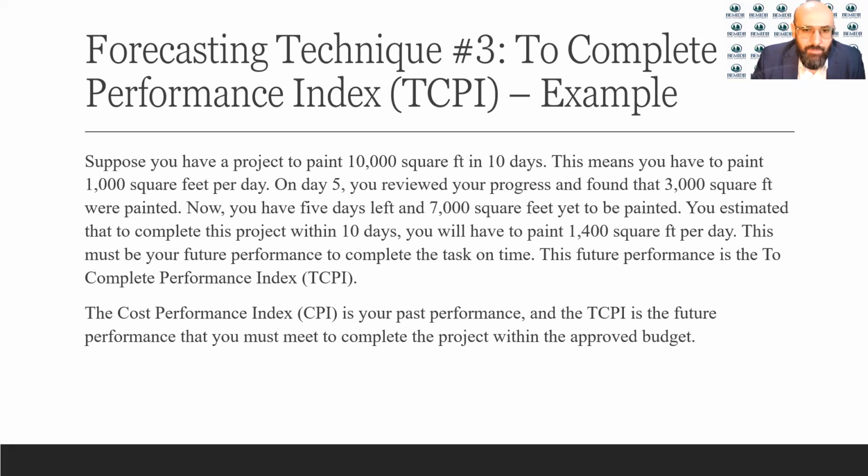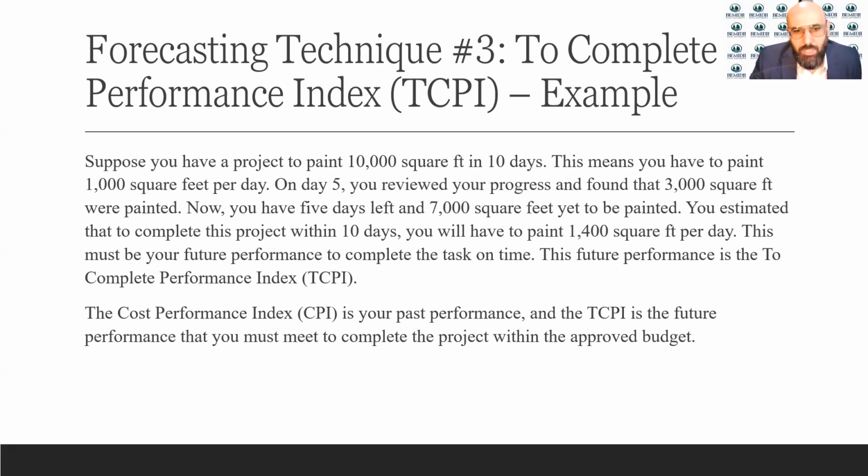Now you have 5 days left and 7,000 square feet yet to be painted. You estimated that to complete this project within 10 days, you will have to paint 1,400 square feet per day.